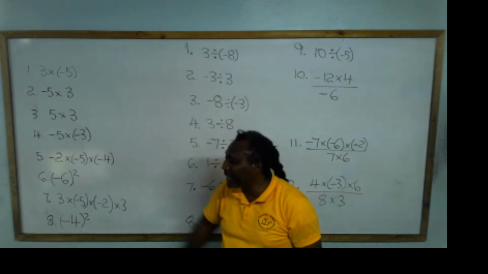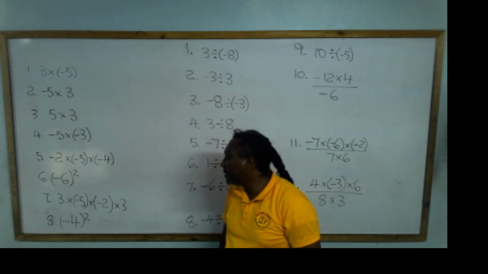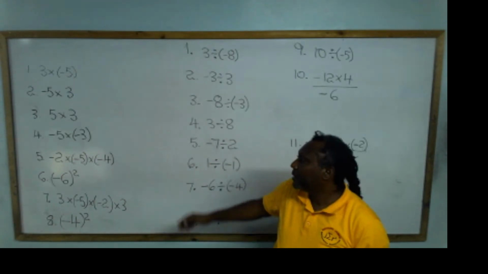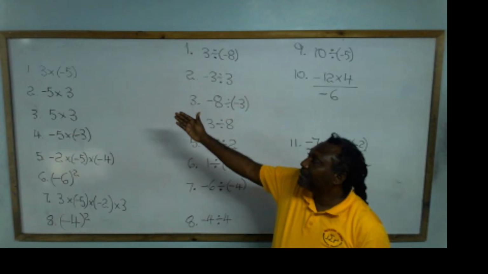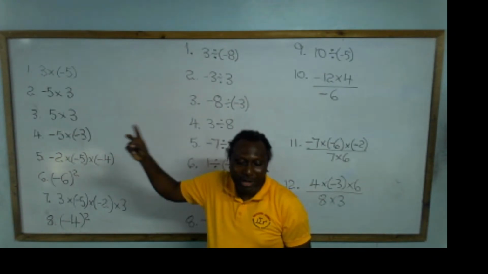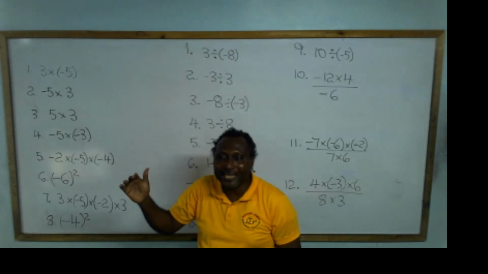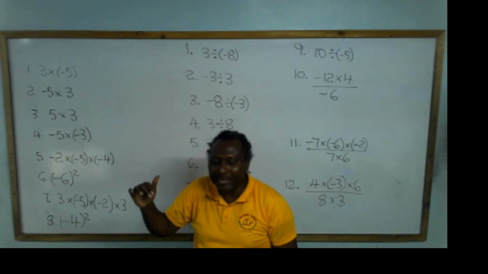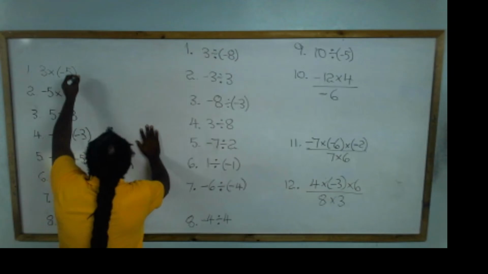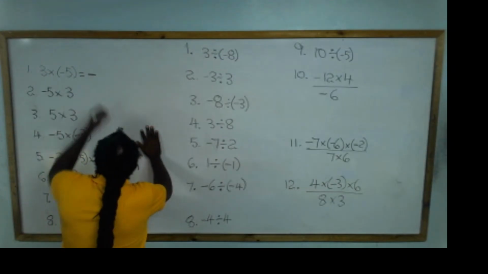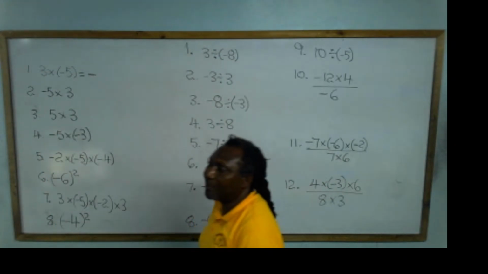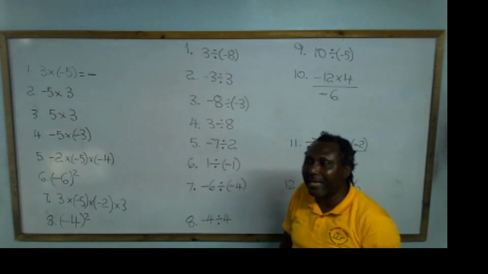But since we are just multiplying here, let us say multiply. So if you are multiplying and you have two numbers and they have unlike signs, the answer is negative. So the first thing that you have to bear in mind is that this answer is going to be negative. Because you are multiplying two numbers with different signs, the answer will be negative.